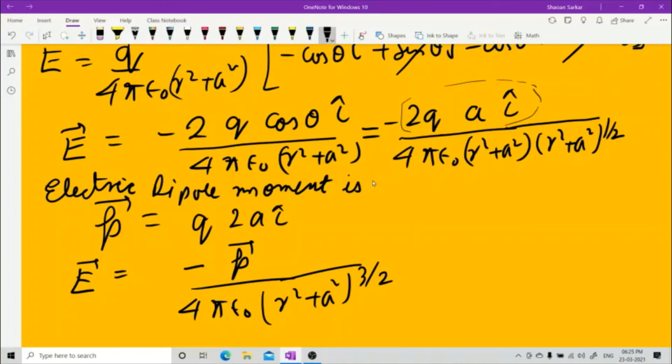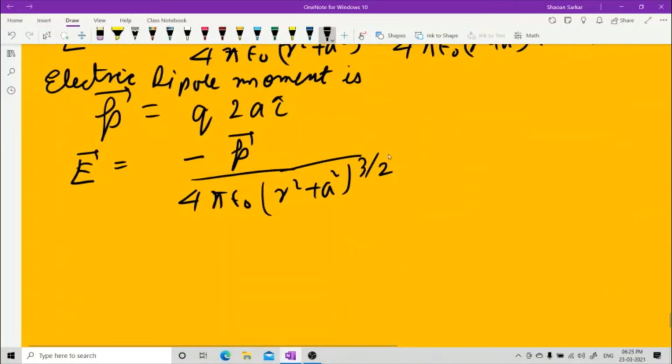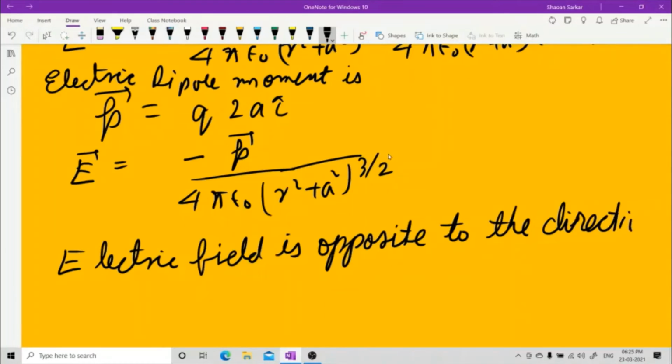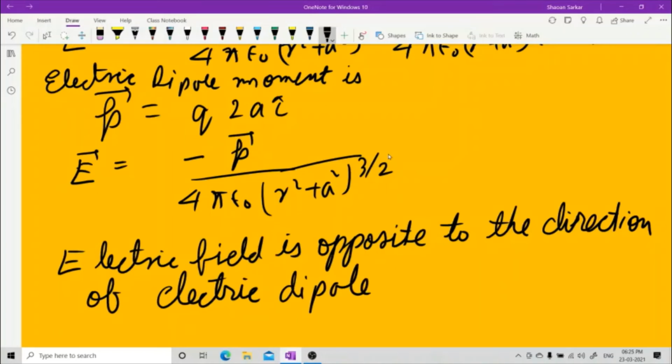Now here, in this case, the electric field is opposite to the direction of the electric dipole moment, right?